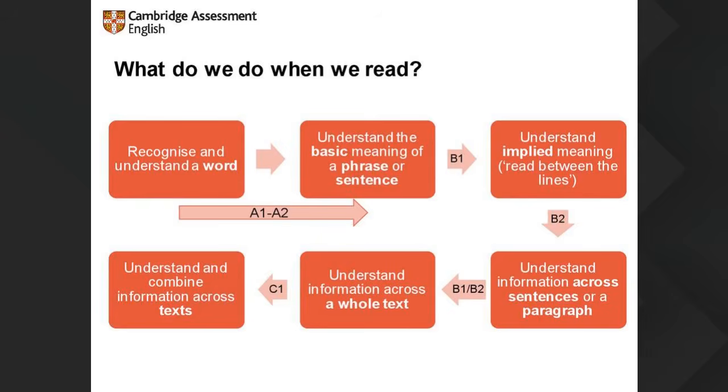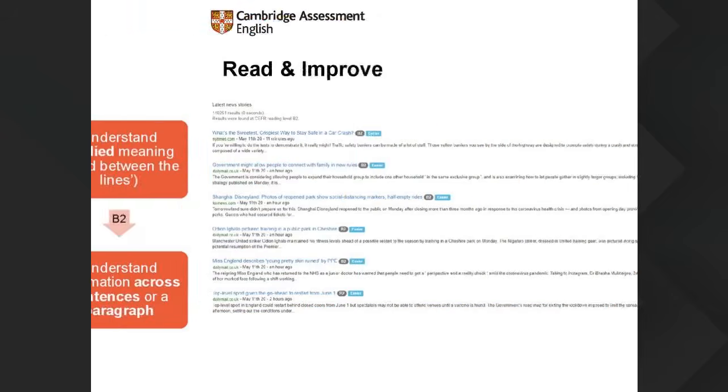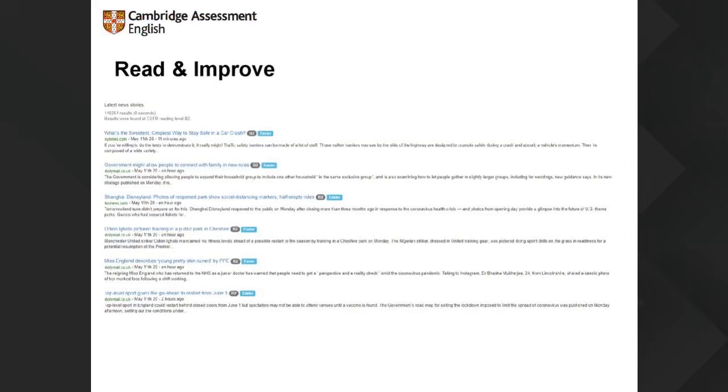Lovely. Another great resource. It's currently a beta product, so it's still under development, so it's not perfect, but I've had a play with it and it's wonderful. Read and Improve. If you already have a Write and Improve account, you can use your same login. And so you choose what level you want to practice.